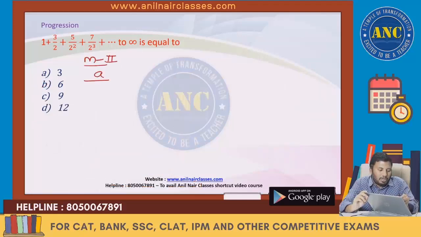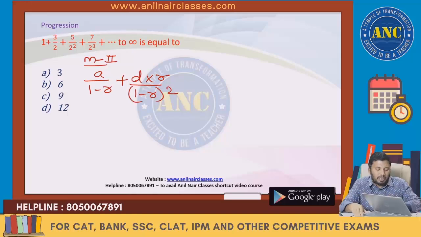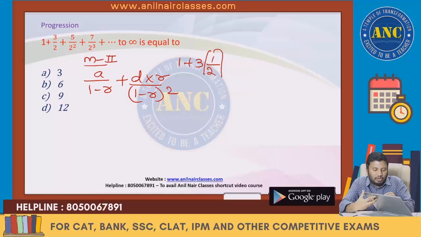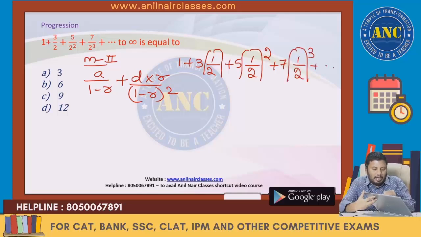Method number 2: a/(1 − r) + d·r/(1 − r)². The series is a + 3·(1/2) + 5·(1/2)² + 7·(1/2)³ and so on.